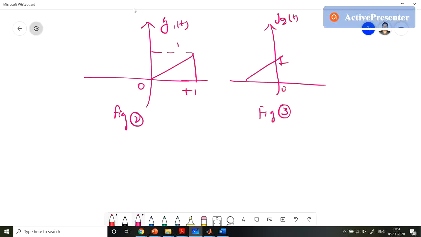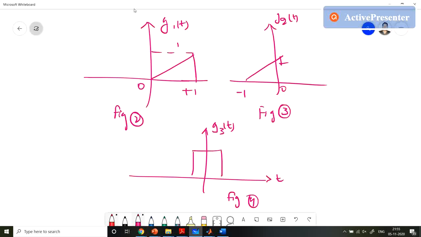It is 1, 0, minus 1. Figure 4, that is g3(t).